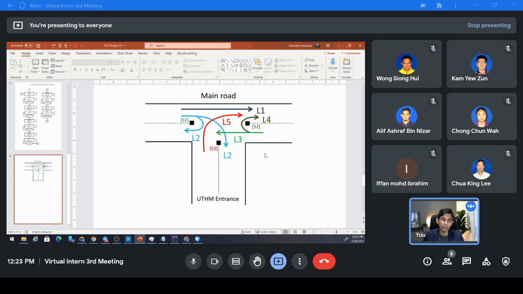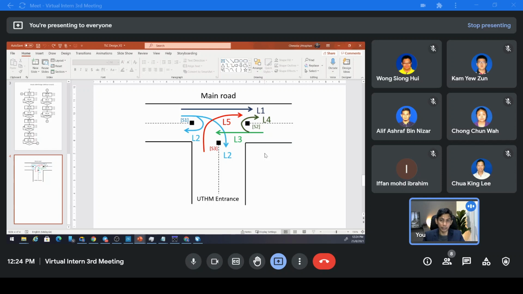The detector is actually the coil, the inductor. It will change the flow of the current when the metal moves near the coil.